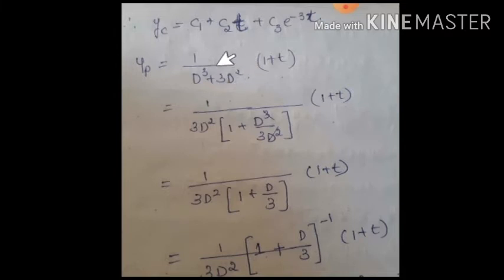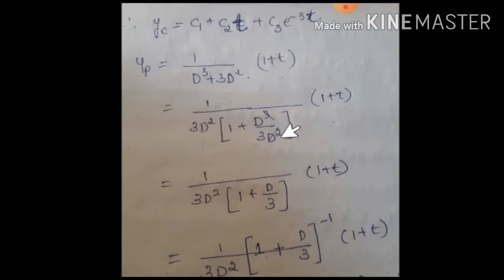Which is the term you have to take common? The one with the lower degree. Constant is of lower degree. Now among 3 and 2, which is the lower degree? It is nothing but D square. So we need to take 3D square as common, making this as 1. So here 3D square is not there, so I have multiplied by 3D square and took common. To compensate that I need to divide by 3D square.